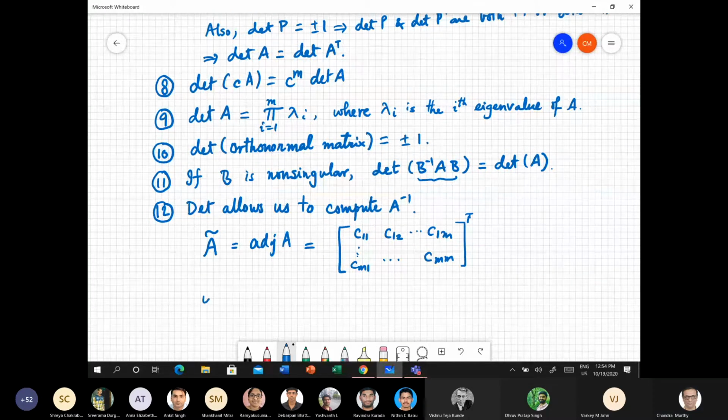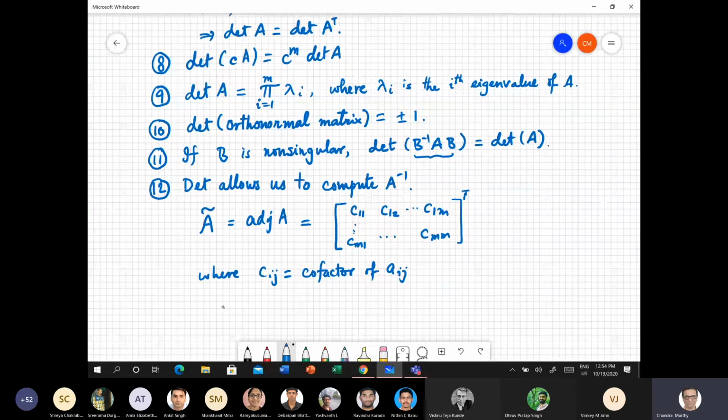Then if I take this matrix A tilde and suppose I take its ith row, A i tilde transpose, and I multiply it by A i, you can go back to the definition of the determinant and verify that this is exactly what the determinant's definition is doing.